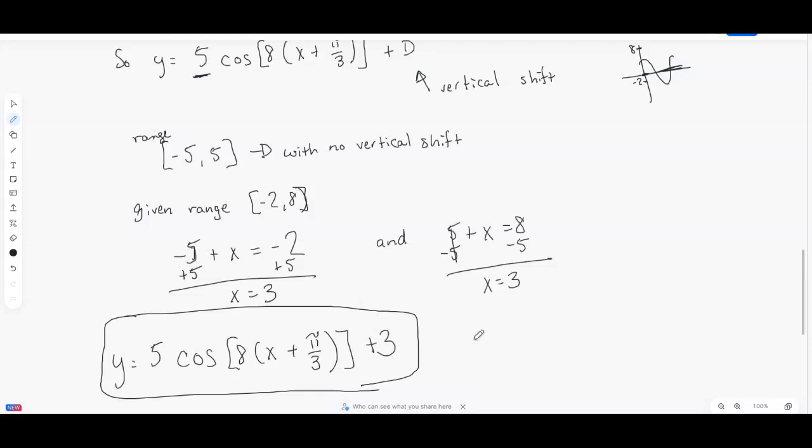Your information was that your period was pi over 4, you had a phase shift equal to negative pi over 3, and your range was from negative 2 to 8. So given all of this information, we went step by step and figured out what your A, your B, your C, and your D were.